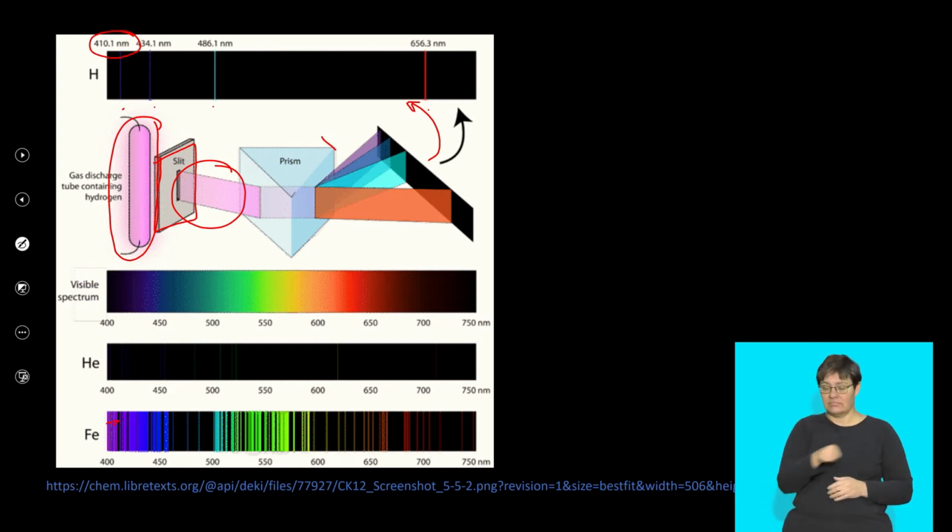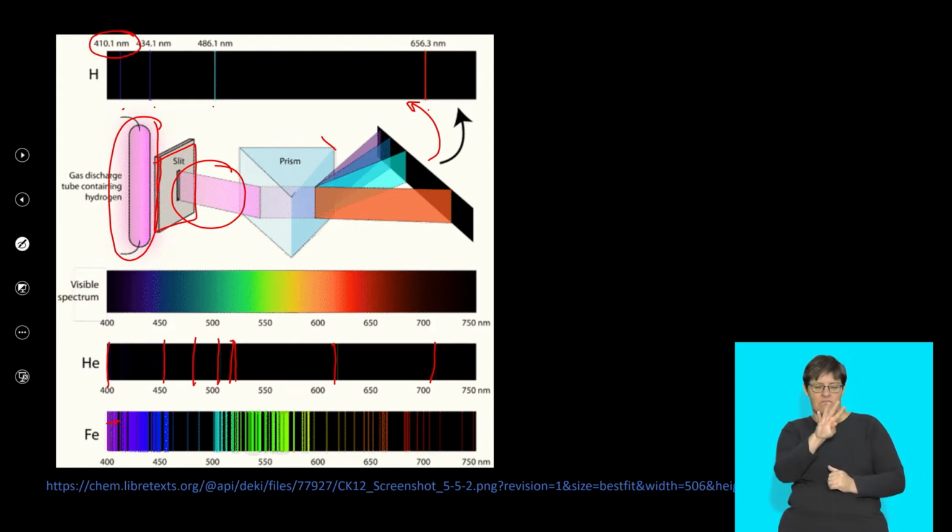Here we've got helium, and I know it's a little harder to see, but helium's got a line there, and there, and there, and so on. Helium's now got 1, 2, 3, 4, 5, 6, 7, 8 lines, and a couple of them are quite close together.